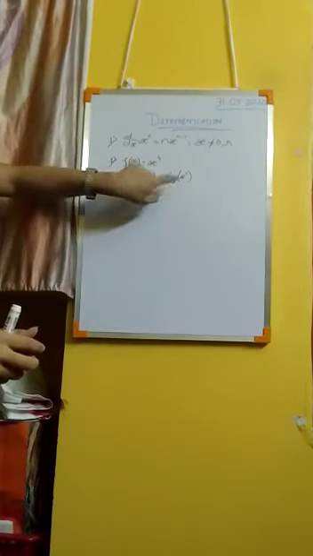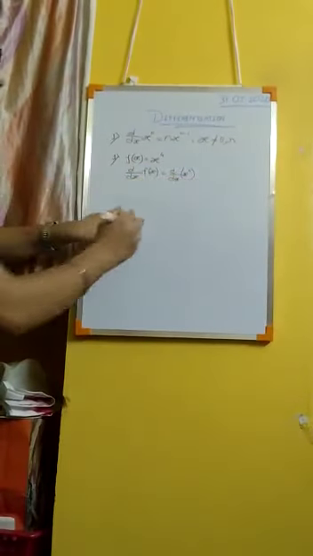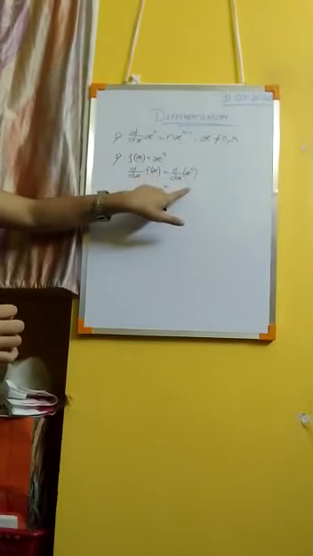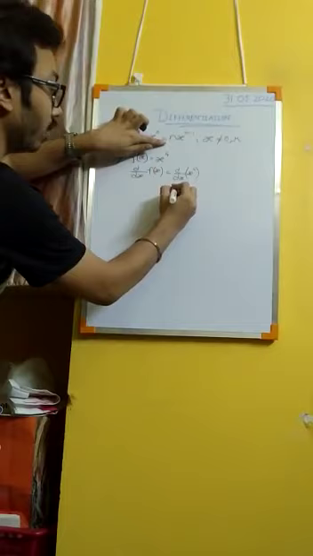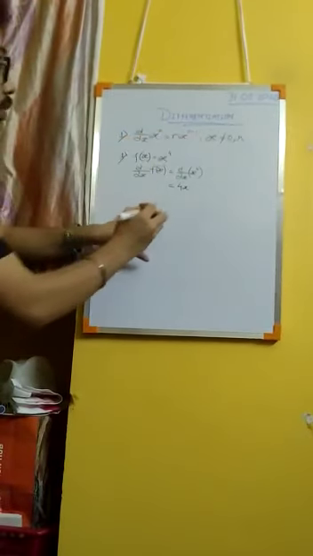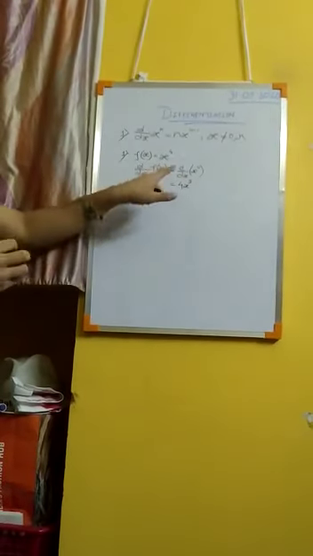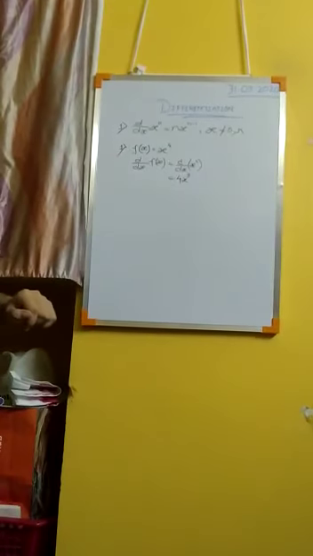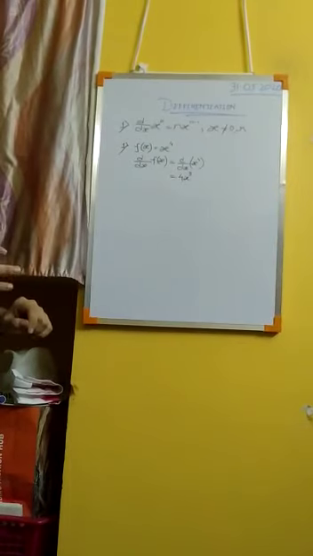Now compare this with x to the power n. Here n is equivalent to 4. So first n, that is 4, x to the power n minus 1, which is 3. So the differentiation of x to the power 4 is 4x to the power 3. Is it clear? I think it is clear.